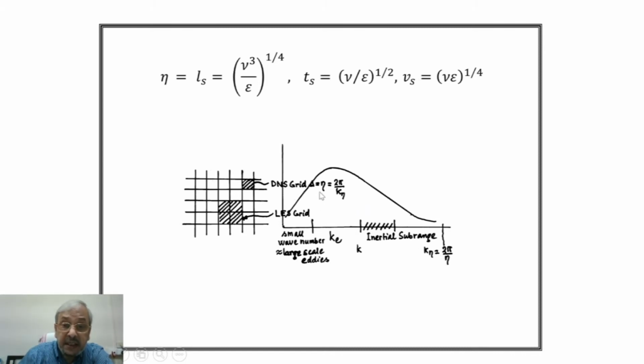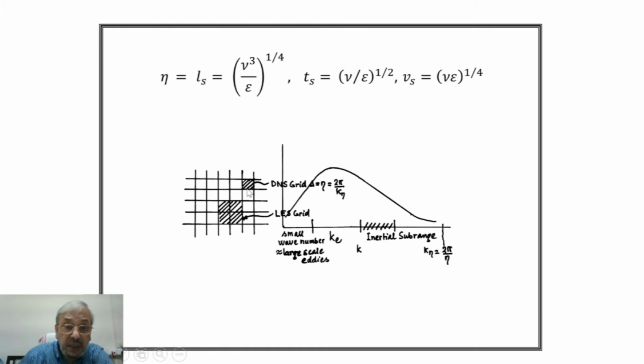So for the DNS grid, if we want to perform DNS, grid size will be equivalent to η, which is given by 2π by kη. kη is basically high wave number, high frequency, and the smallest scale of eddies, and that small scale is given by η. So this is the DNS grid size.